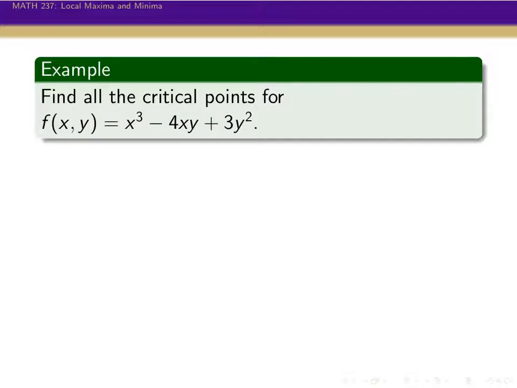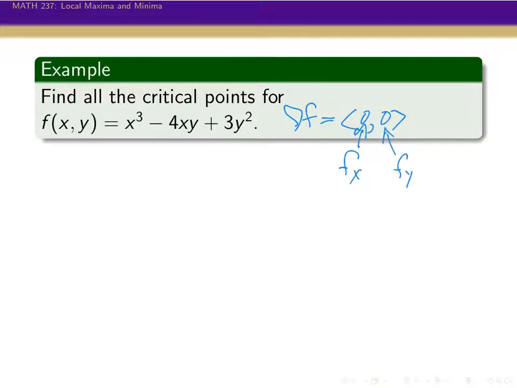Okay, so here's a multivariable function, x cubed minus 4xy plus 3y squared. Let's find the critical points for this. So we're looking for where the gradient is equal to 0, 0. And so this is talking about the partial in terms of x. This is talking about the partial in terms of y.